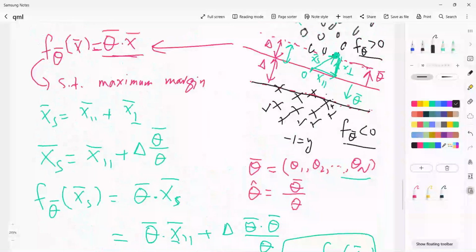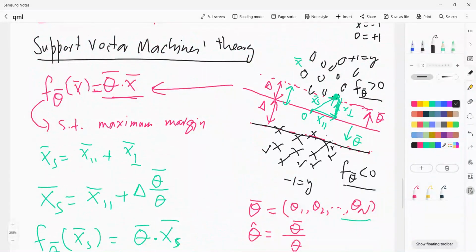So coming back here to the data, for all of these points, when I substitute them in my model f theta of x, they should have a positive value greater than delta, that is, they should all lie on this side of the classifier and be a distance delta away. And similarly, these points are lying on the negative side of the plane.